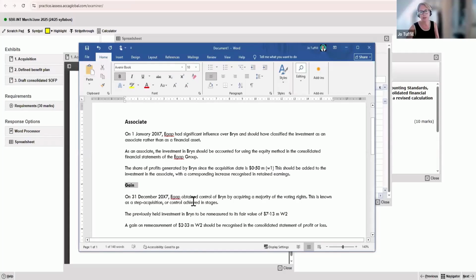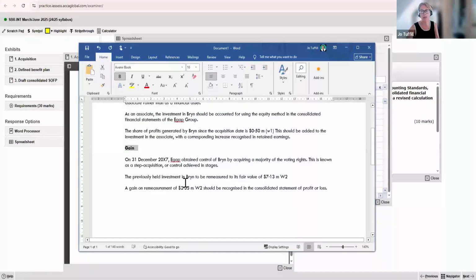So on the 31st December, it obtained control by acquiring the majority rights. This is known as the step acquisition or control achieved in stages. The previously held is remeasured to 7.13 in working 2, and the gain on remeasurement, working 2, should be recognised in the consolidated statement of profit and loss. And then I would put retained earnings.